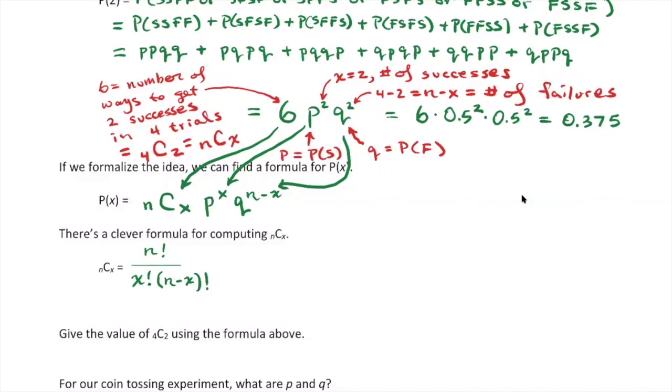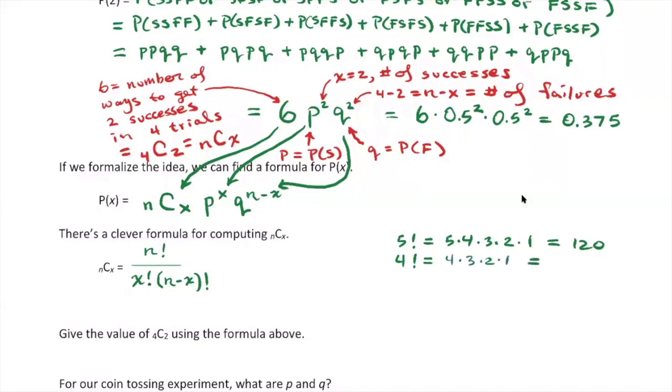So if you do 5 factorial, this is just 5 times 4 times 3 times 2 times 1. And by the way, that's 5 times 4 is 20 times 3 is 60 times 2 is 120. Okay, 4 factorial is 4 times 3 times 2 times 1.